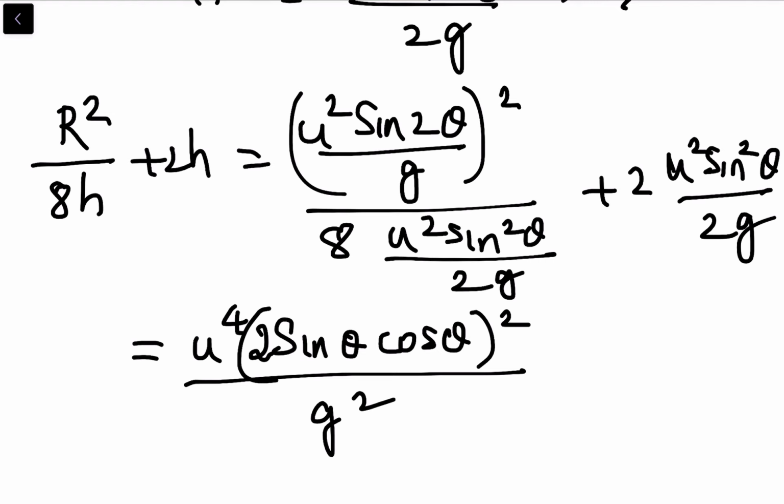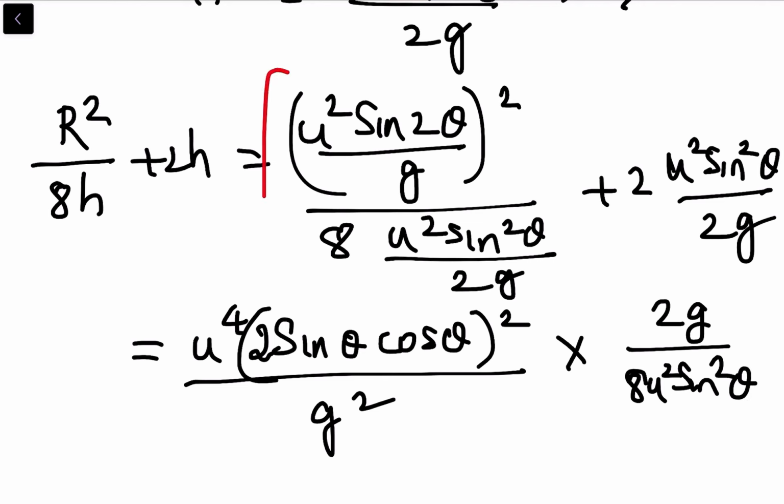And here you will get 2g by 8 u square sine square theta. This is all the first term.